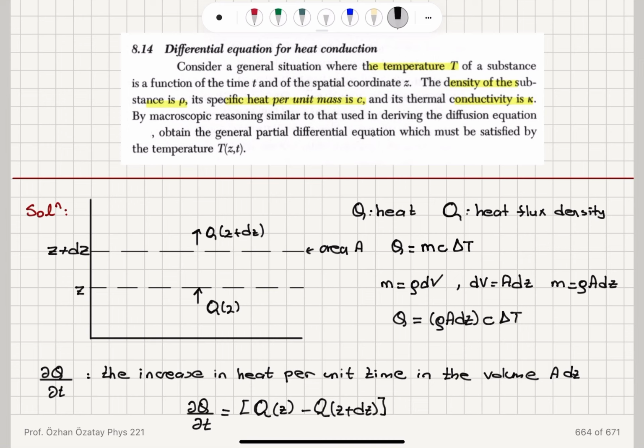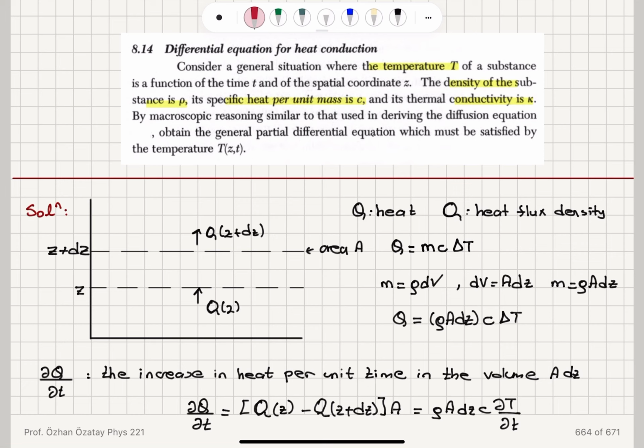So heat flux multiplied by the area gives me the heat flowing per time. Now, what is dQ dt? If you look at this equation, A, dz, and ρ c are constant, so it is due to a change in the temperature in time. So this is ρ A dz c ∂T/∂t.